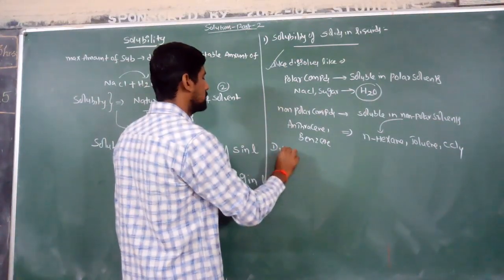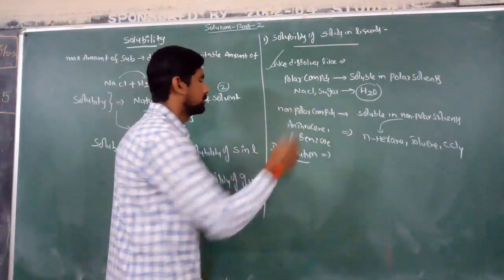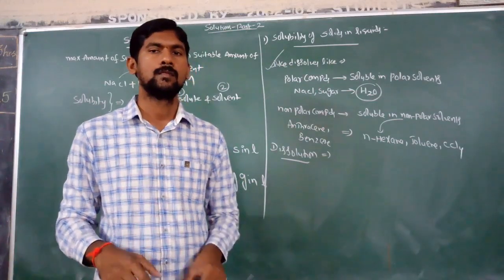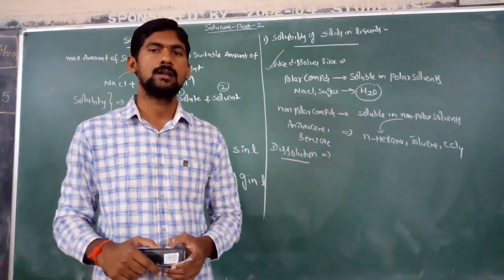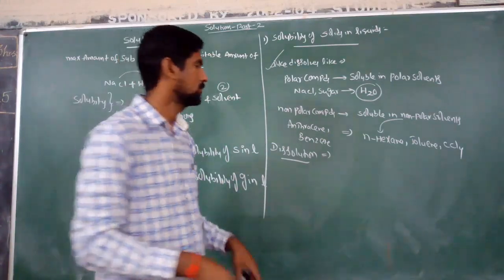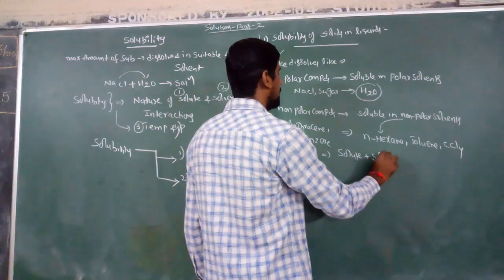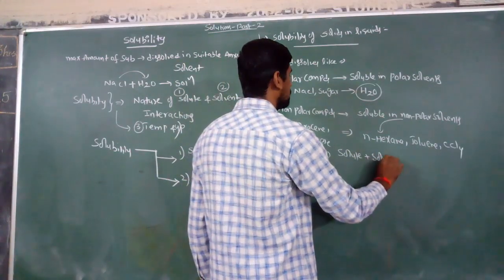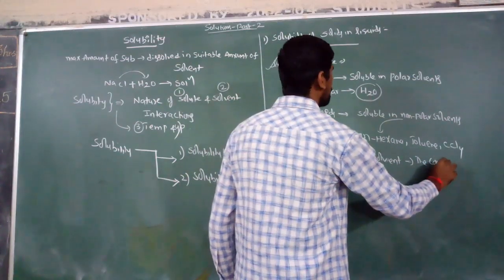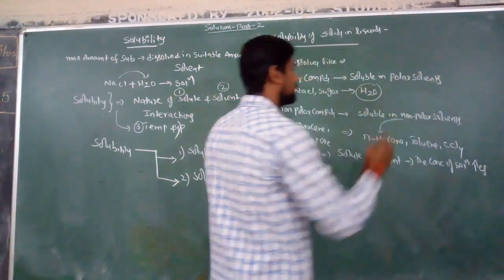Then what is dissolution? What is the process of dissolution? When solute is added to solvent, what happens? When solute is added to solvent, the concentration of the solution increases.